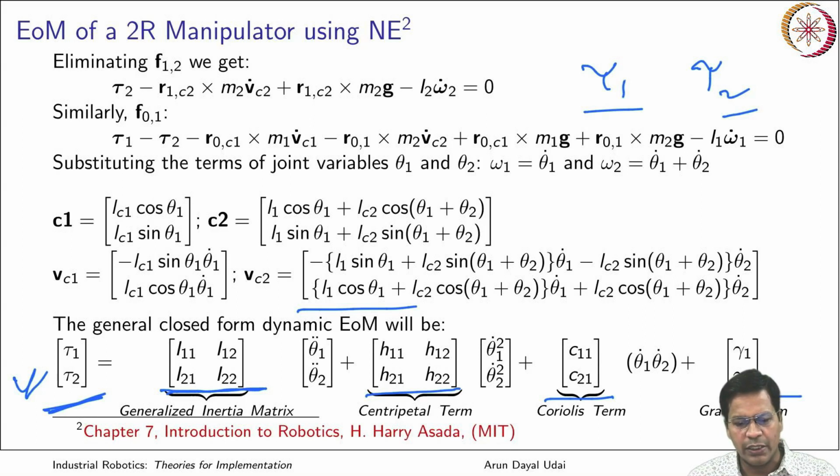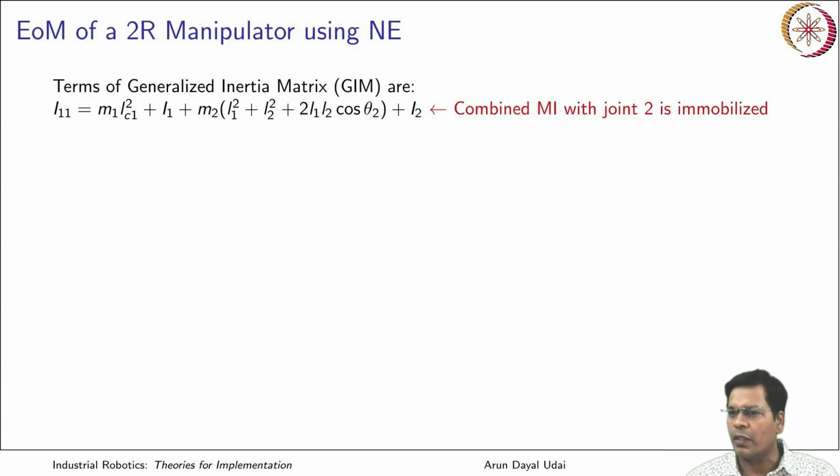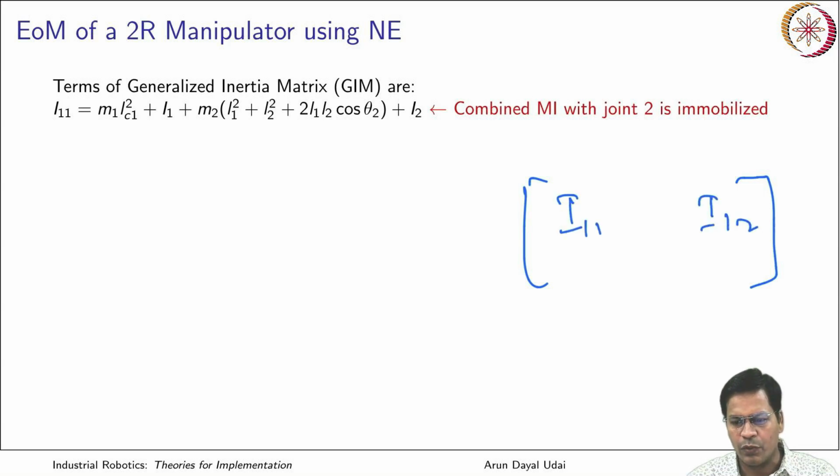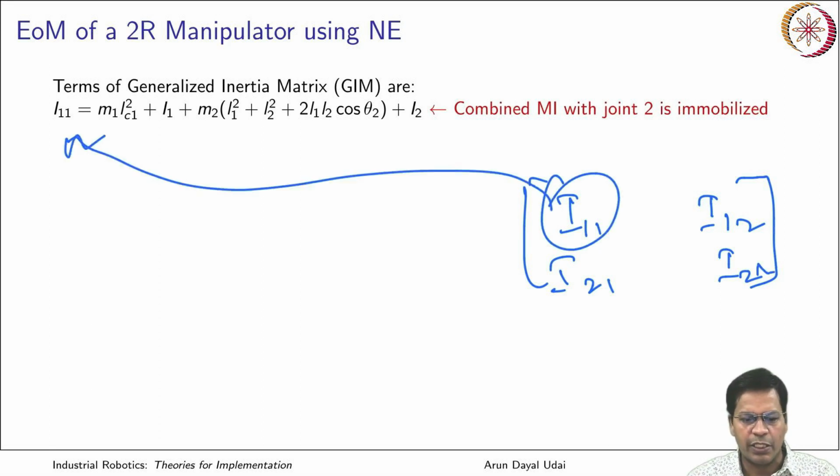You already know the physical significance of each one of them, which we have discussed earlier. Explaining them further, the terms of the generalized inertia matrix are, if you write the inertia matrix as I11, I12, I21 and I22, this term can be explained like this.